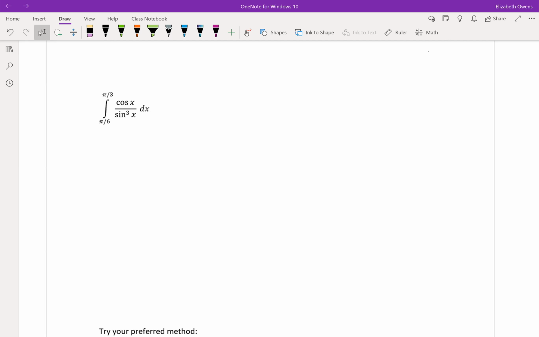All right. So the advantage of doing the exact same problem is that we already know what our u substitution is going to be. We know that letting u equal sine x is going to work out fine here. Okay. And so I'll just literally write the same stuff here. There's our differential du equals cosine x dx.